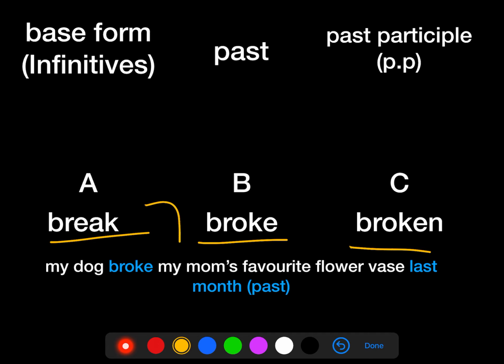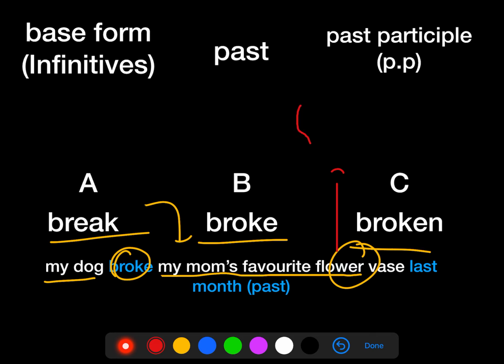So example. My dog broke my mom's favorite flower vase. So a flower vase is like this, with flowers and water here.